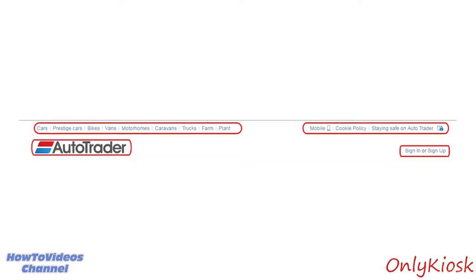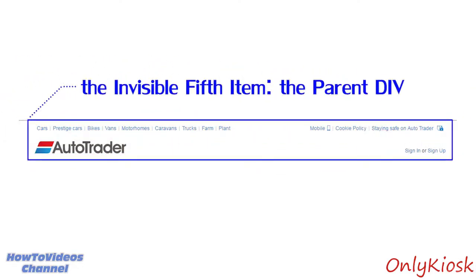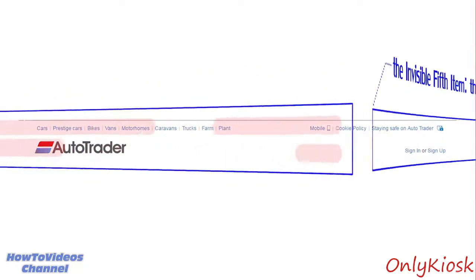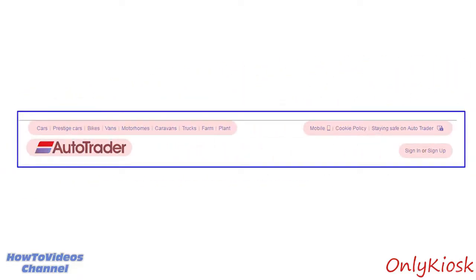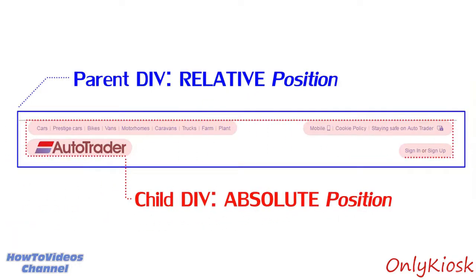Now we've got 4 visible items here. Just like what we met in the last session, there's actually a 5th invisible item, the parent div housing the 4 items. We can see the 4 child items are actually located at the 4 corners of the parent div. We set the parent div to relative position, and the 4 items to absolute position.